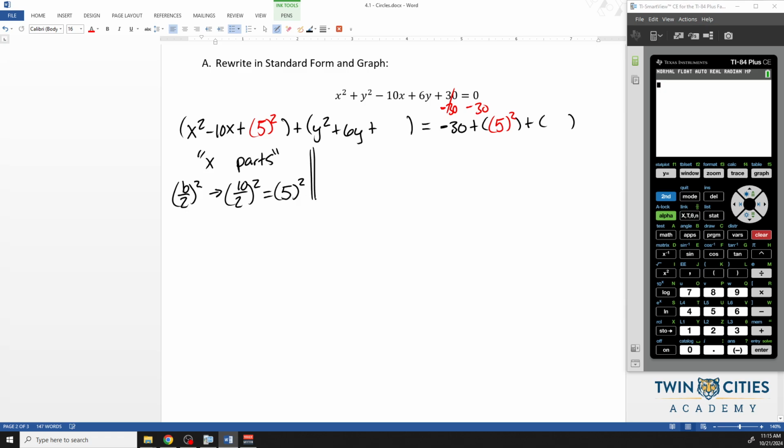Okay, now for the y parts. For the y parts, b over 2 squared, b is 6, so this is going to be 6 over 2, or 3 squared.